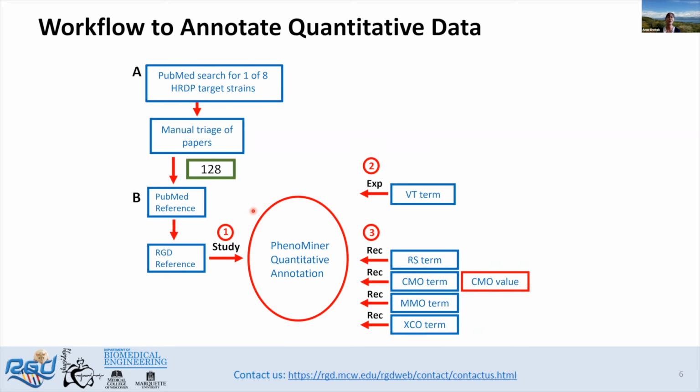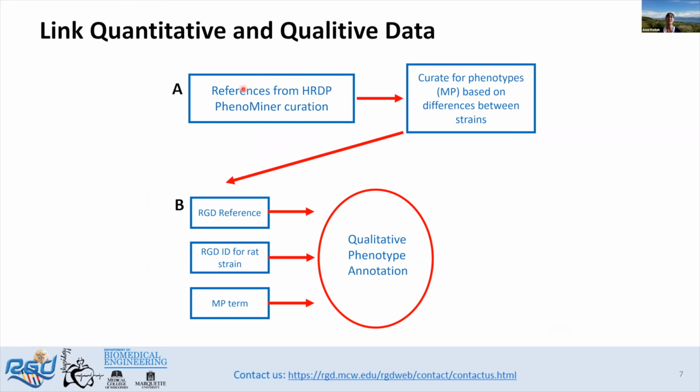So far, the group has annotated 128 papers, adding almost 3,500 quantitative annotations for those 8 different strains. At the same time, to be efficient, those same papers are curated for their mammalian phenotypes if there is a comparison strain to identify differences or abnormal phenotypes.